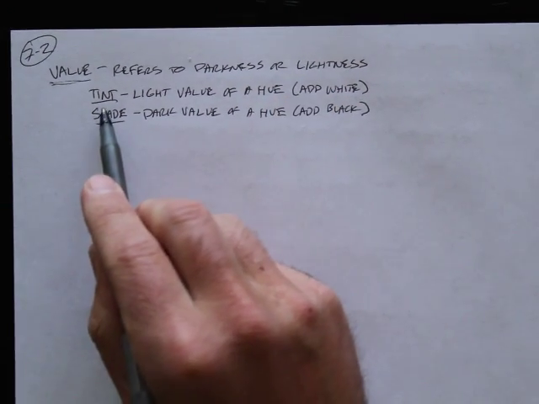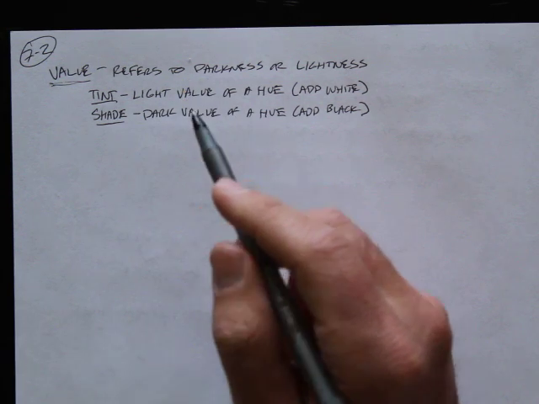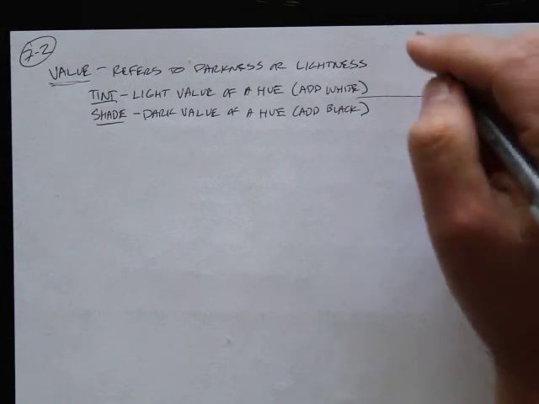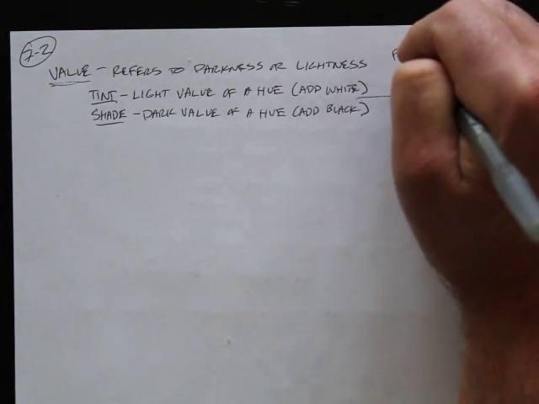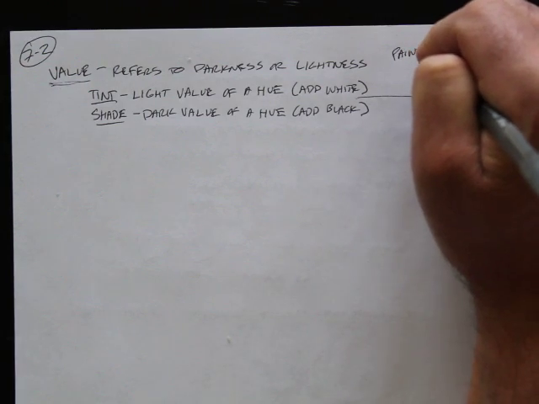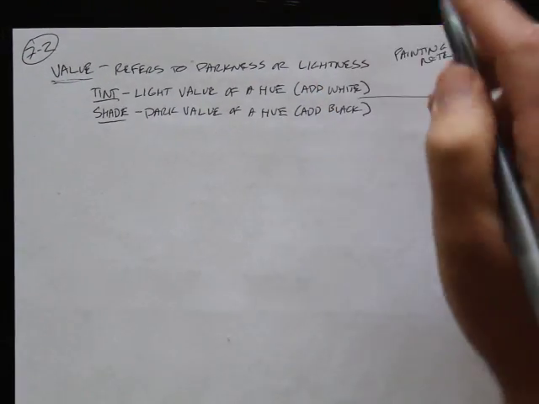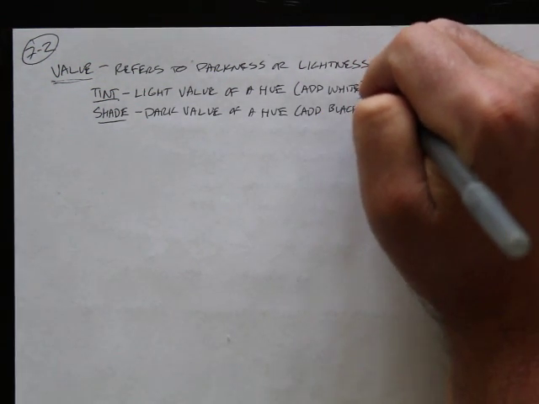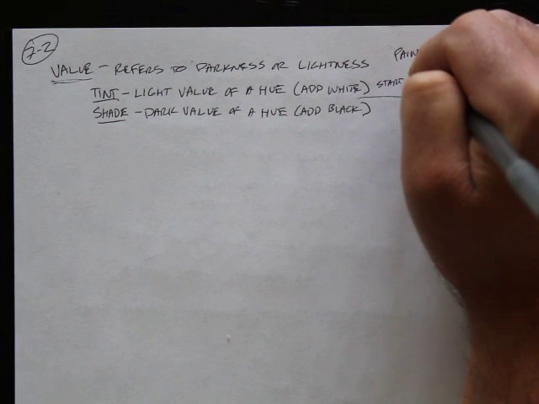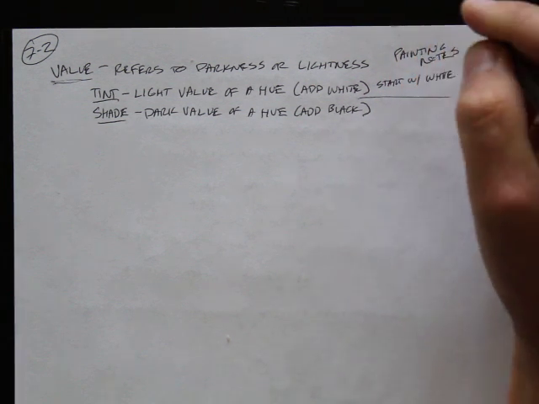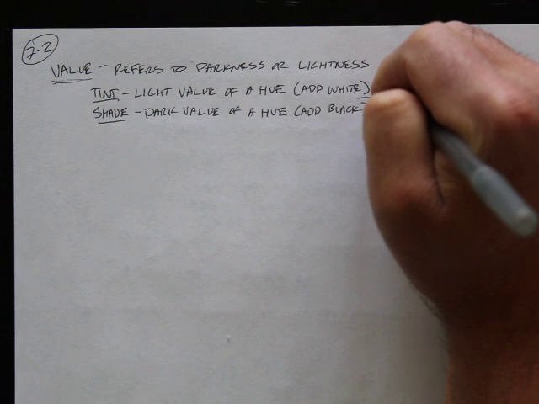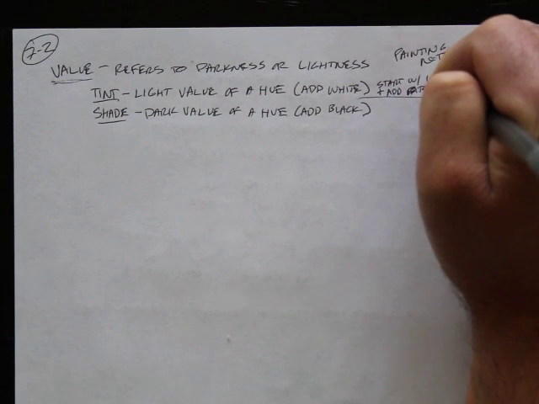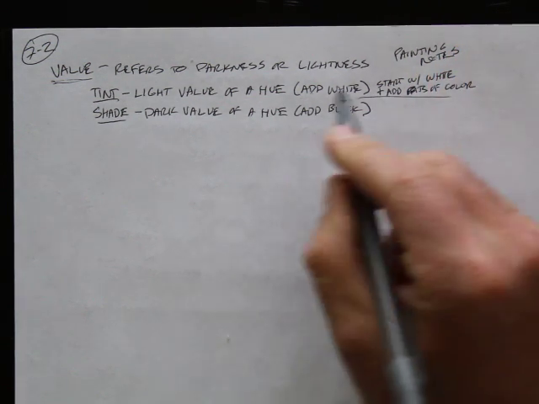Now for tints, when you're painting a tint, a lot of times it's better to start with white. So we're going to say just like a little painting note here, because we're going to do a project here. For tints, it's better to start with white and add bits of color to get your tints.